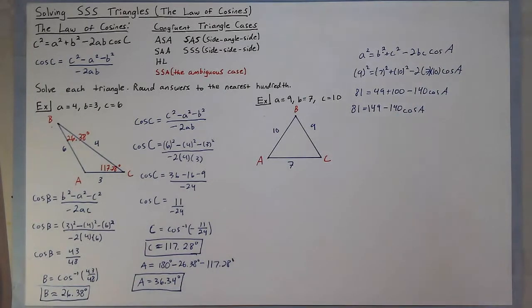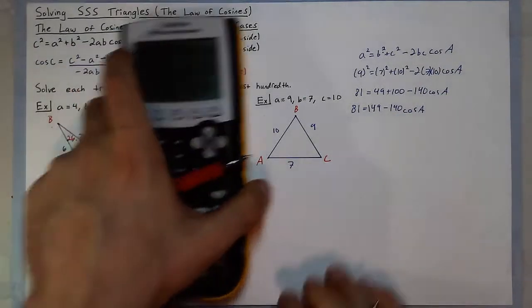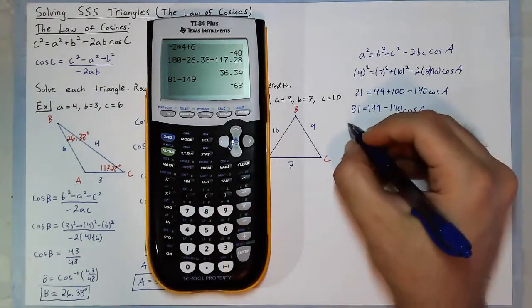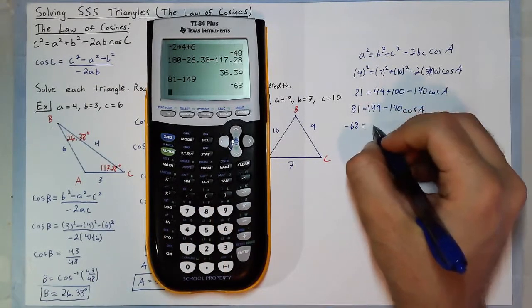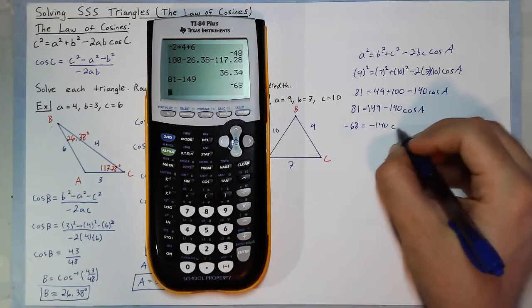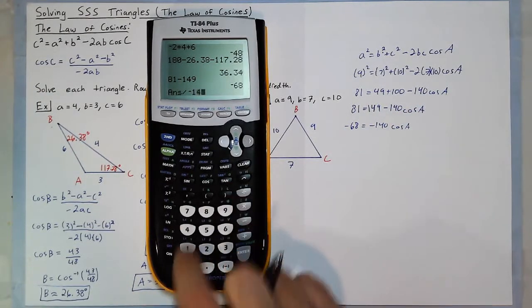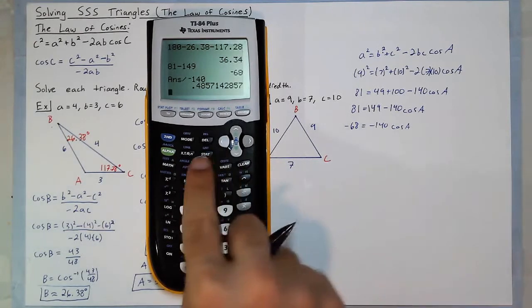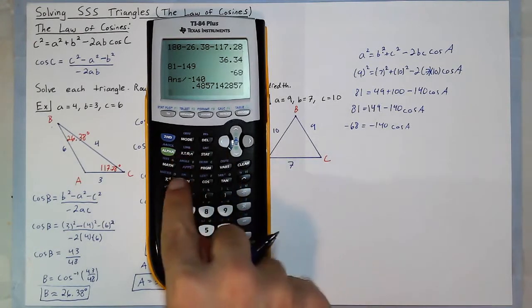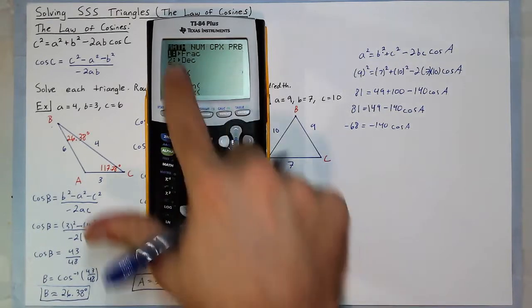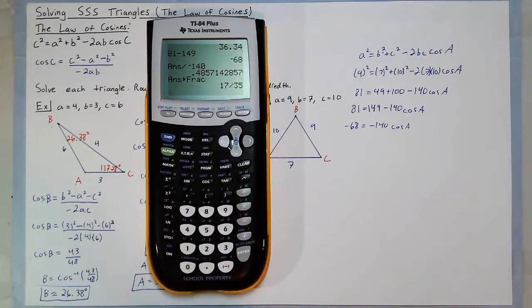Now I just want to solve for A. So I'm going to subtract 149 from 81. Negative 68 is equal to negative 140 cosine of A, divide by negative 140. It gives me a decimal here, but if I want to make it into a fraction using the calculator, if you hit the math button and hit the first option, enter, you can change it right back into a fraction.